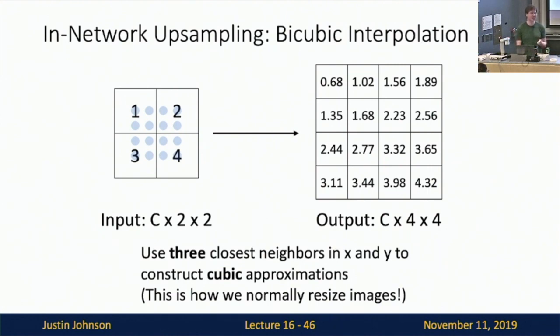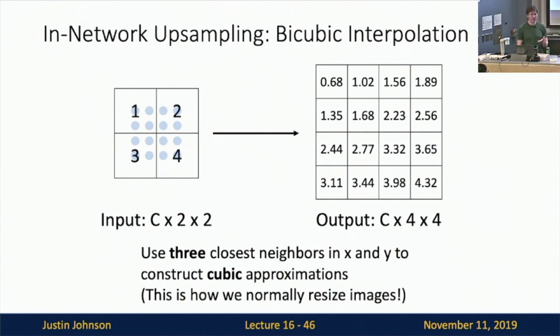I don't want to go into the details here, but whenever you resize an image in your web browser or an image editing program, it's usually using bicubic interpolation by default. And if it's good enough for resizing JPEG images to put on the web, then it's maybe a reasonable thing to try for resizing feature maps inside your neural network.